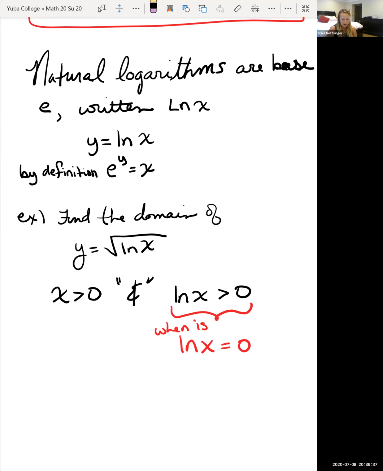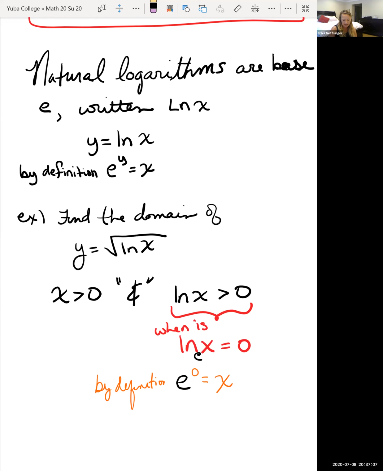And so let's use the definition. Here our base is e, and the exponent is 0, which is equal to x. So what's e to the 0 power?